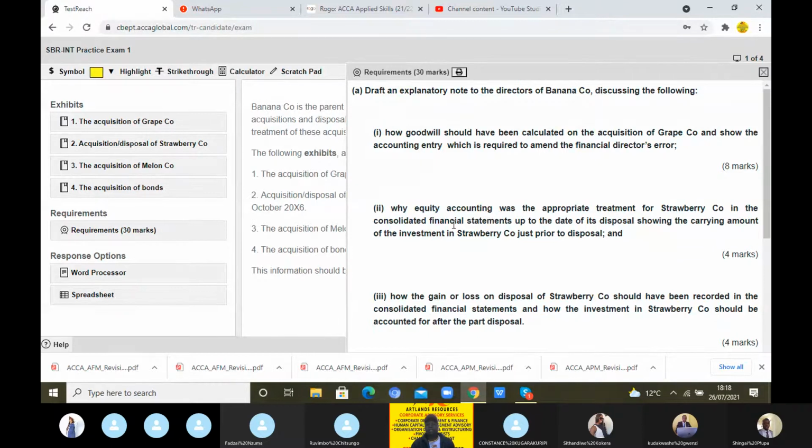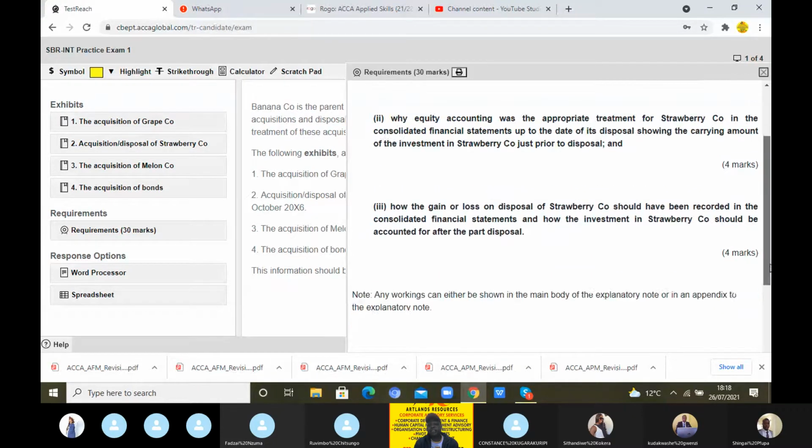Two, why equity accounting was the appropriate treatment for Strawberry in the consolidated financial statements up to the date of disposal, showing the carrying amount of the investment in Strawberry just prior to disposal. Three, how the gain or loss on disposal of Strawberry should have been recorded in the consolidated financial statements, and how the investment in Strawberry should be accounted for after the part disposal.